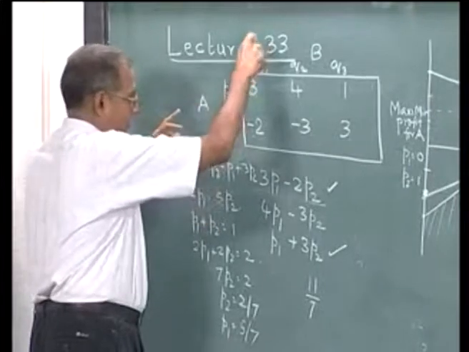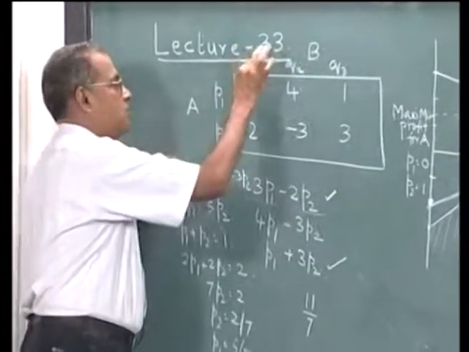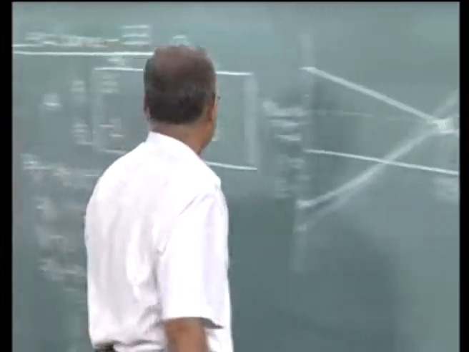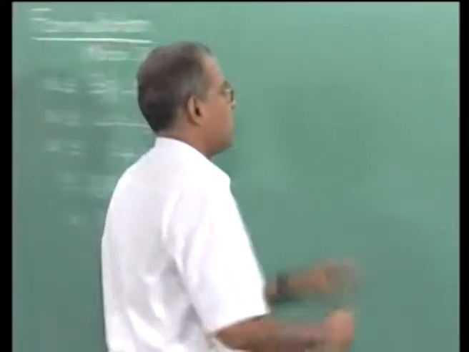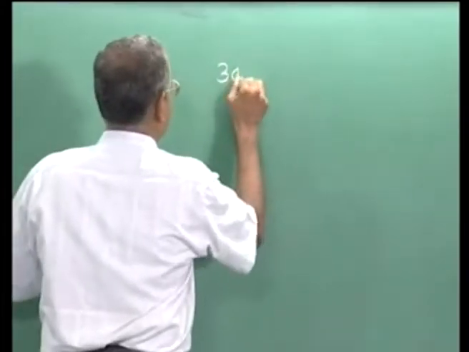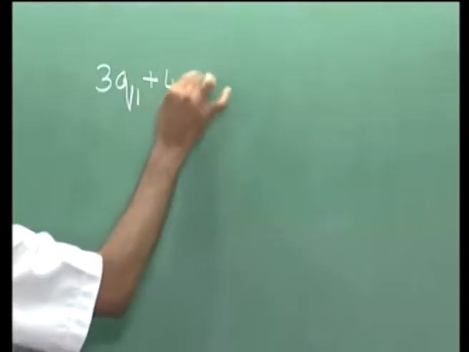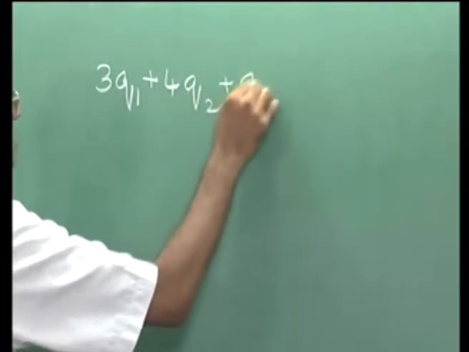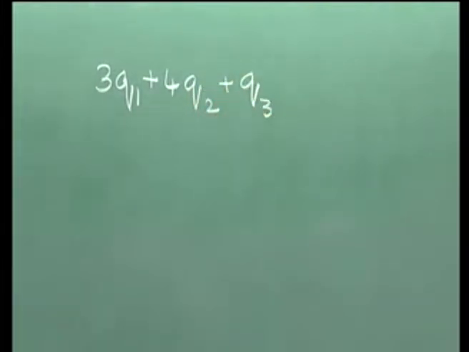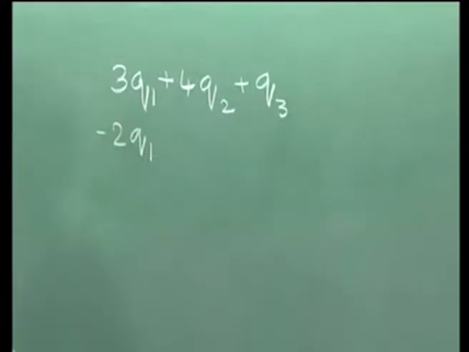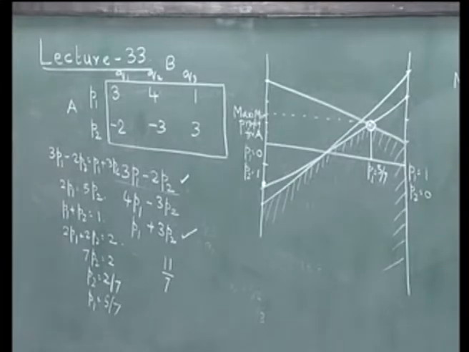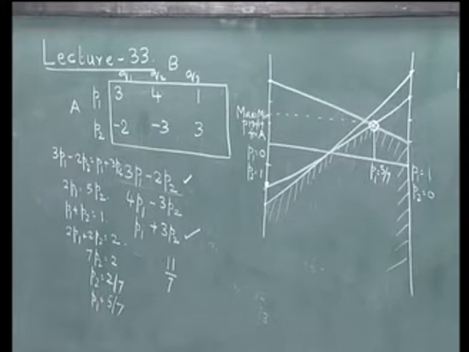If B wants to play with proportions q1, q2, q3, and if A plays this consistently, B's loss will be 3q1 plus 4q2 plus q3, and for the other one it is minus 2q1 minus 3q2 plus 3q3.